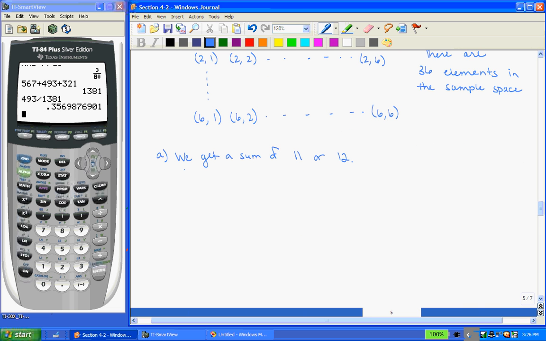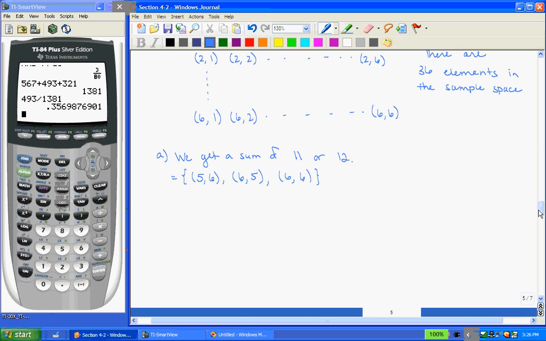For 11, that could be 5 and 6, or 6 and 5. And that's it for 11. And for 12, the only way to get 12 is to roll a 6 and a 6.